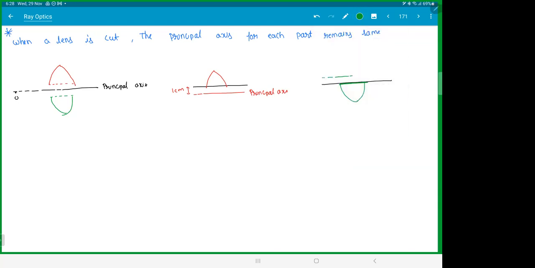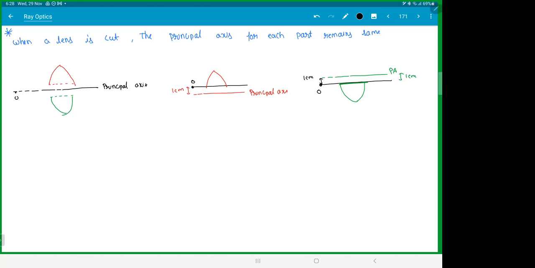So for the green line, this is the principal axis. I'll just call it as PA. So for this question, object is here. For this question, object is here. So the lenses will think the objects are at a height of 1 centimeter above the principal axis. Are you getting this? So this is 1 centimeter and this is 1 centimeter.